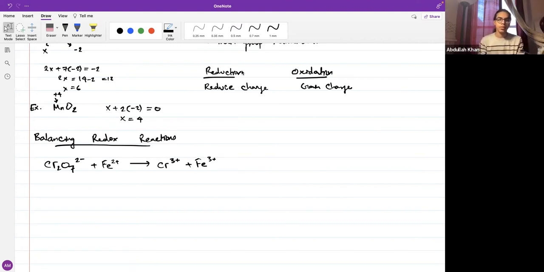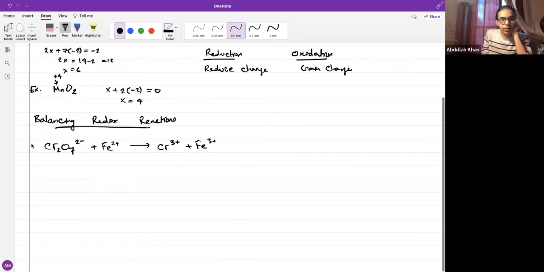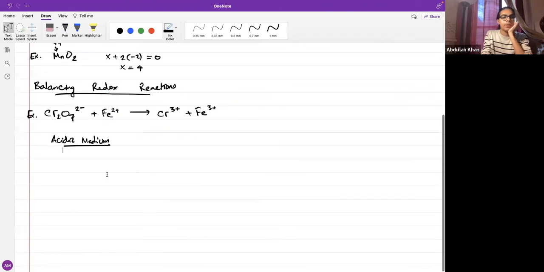Here's an unbalanced redox reaction, and the question will always tell you to do it either in acidic medium or basic medium. We'll start by balancing this in acidic medium. To balance it in basic medium requires one last modification all the way at the end.